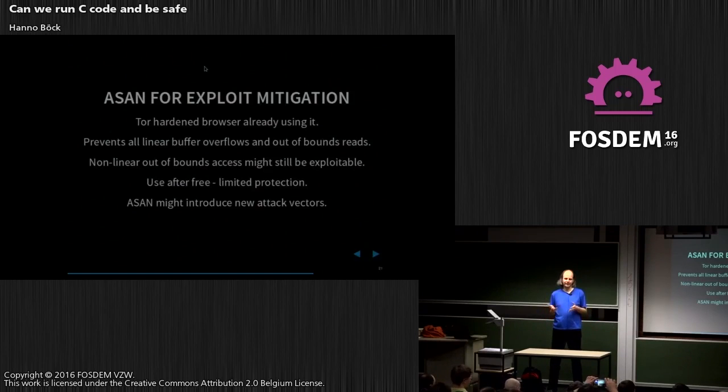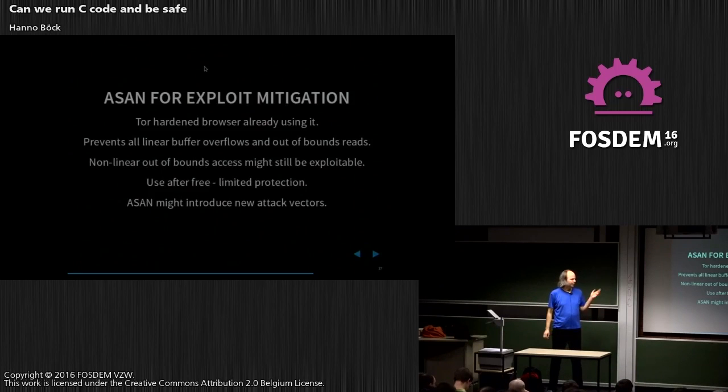So it prevents some bugs from being exploited, but if you have what you can call a linear buffer overflow, so a buffer overflow that starts inside your existing buffer but goes beyond the bounds, then these bugs are reliably caught by address sanitizer. But if you have a buffer overflow where you can jump out of your buffer, this may still be exploitable.